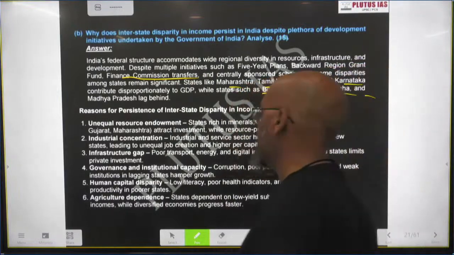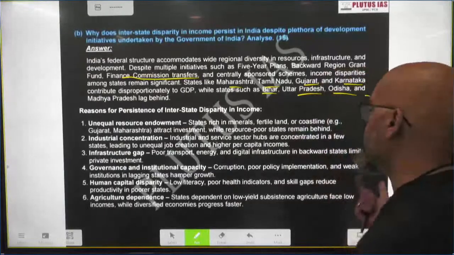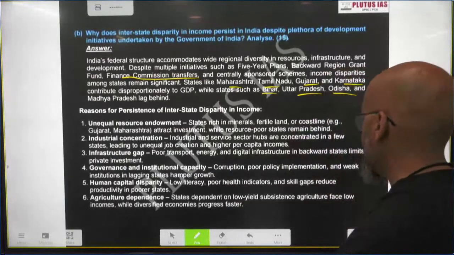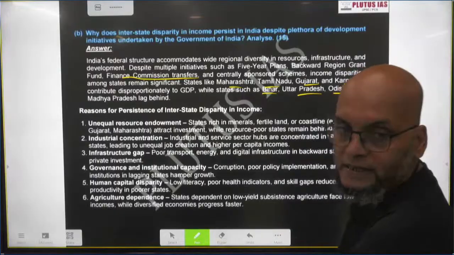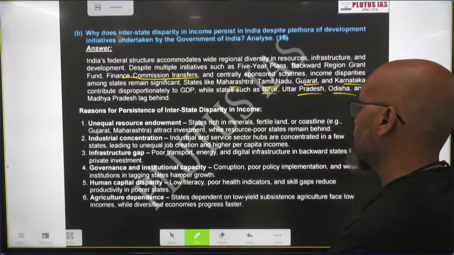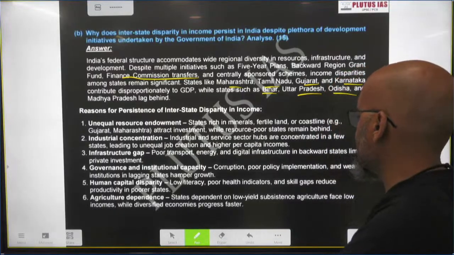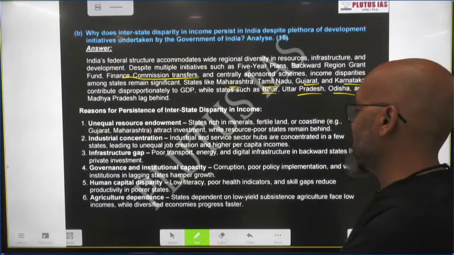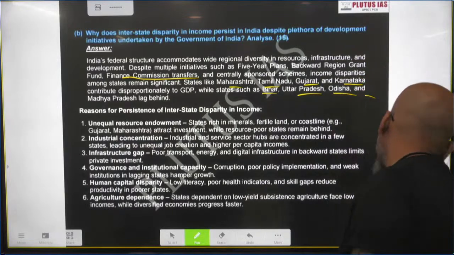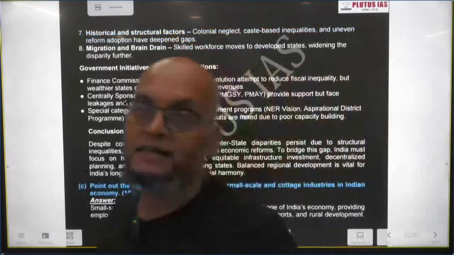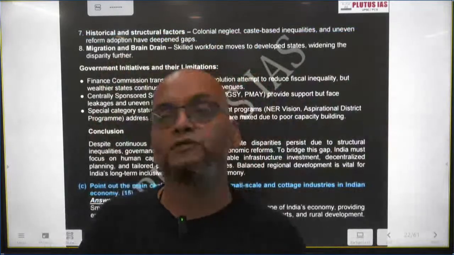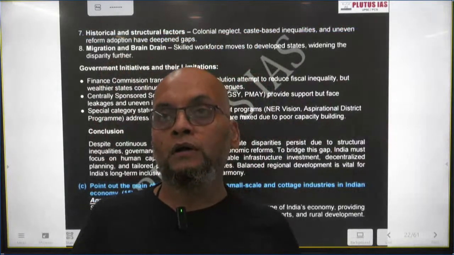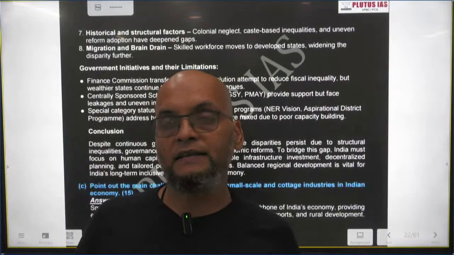Human capital disparity: low literacy, poor health indicators, and skill gap again widen this gap. Agricultural dependence: states depend on low yield subsistence agriculture, face low income, while diversified economies progress faster. So those states which are still dependent, same types of crops are grown, no diversification is there. Again, there will be disparity in income.